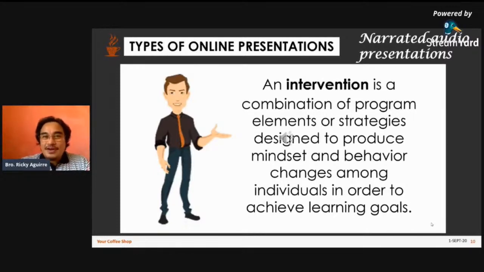So what happens here is that you time your PowerPoint presentation. You need not click it, and then you record it. You record your audio explanation, and then embed that in your slide, and then you package it as a presentation, and your students can now just open it as an asynchronous material.